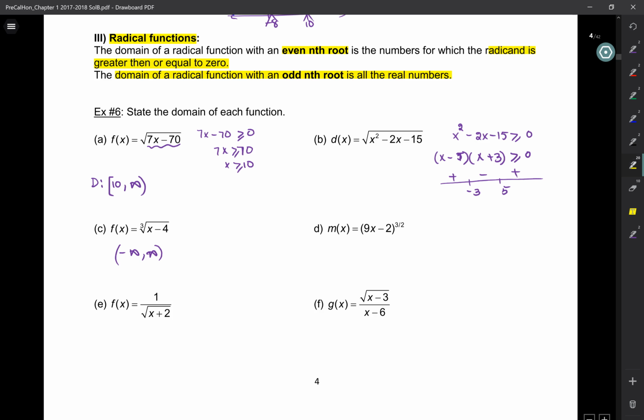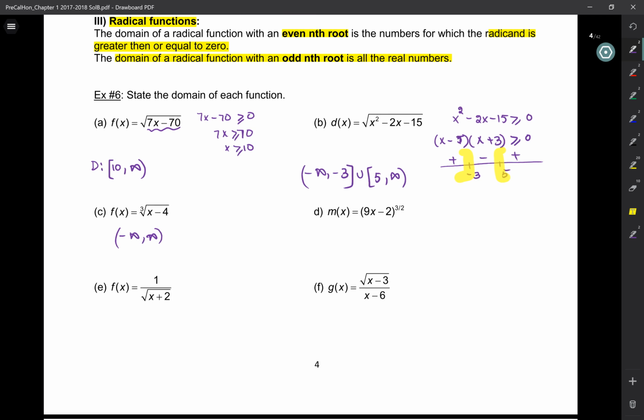So for which region do we get positive values? Below -3 and above 5. So this is a split domain. If you pick a number like -10 and you plug it in, you get a positive value. So that works.